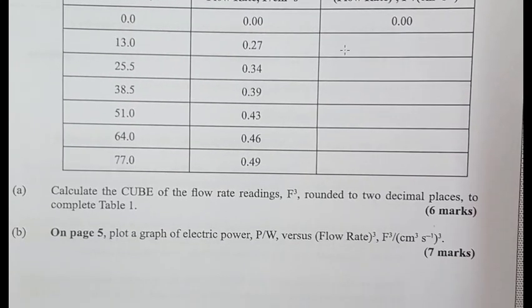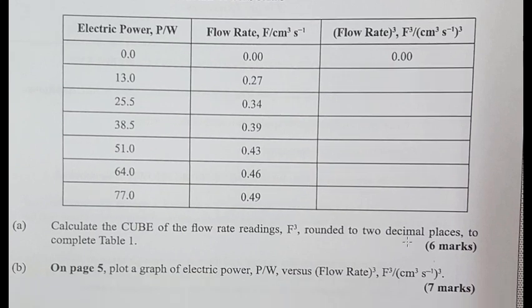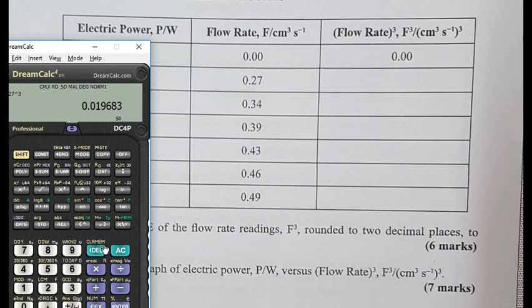And part A in the question actually says we are to calculate the cube of the flow rate readings, F cubed, rounded to 2 decimal places to complete table 1. So I'm going to go ahead right now and complete the table.